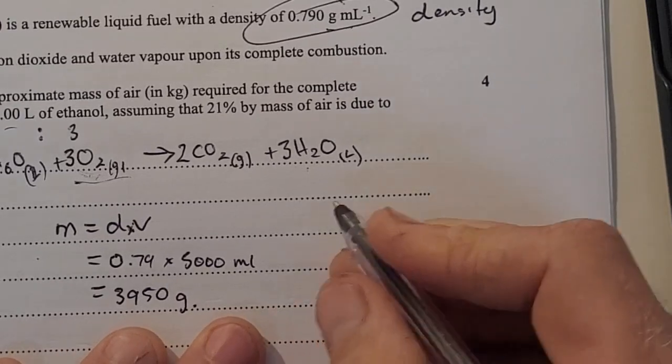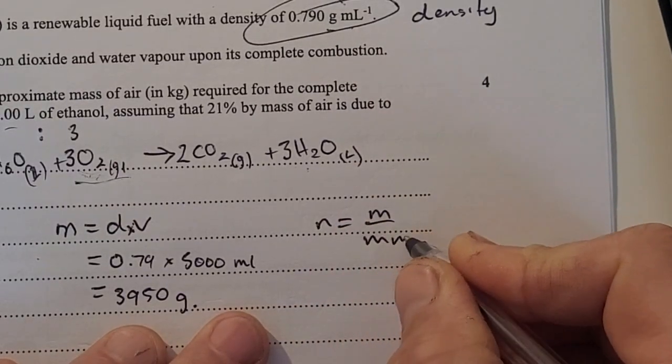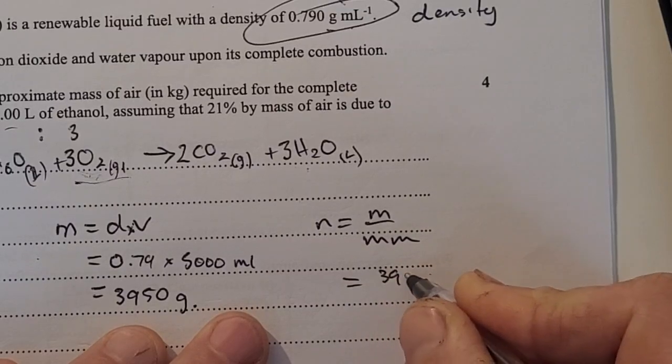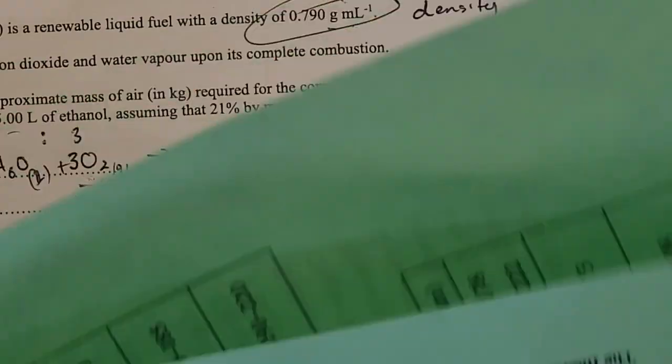We can figure out the moles equals mass over molar mass. 3950 over. So use your periodic table.